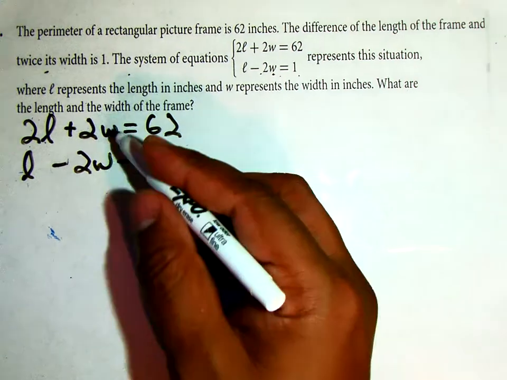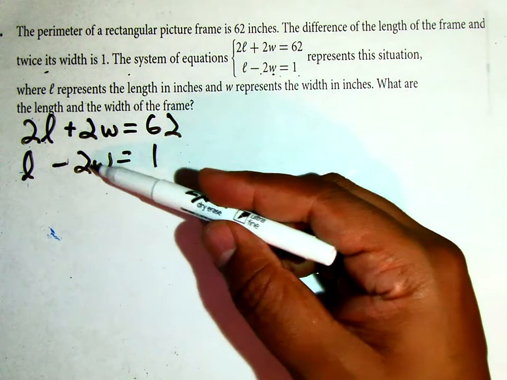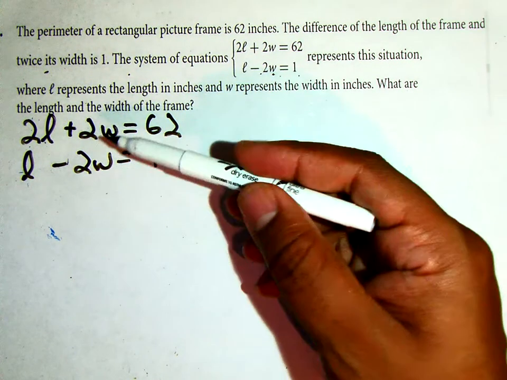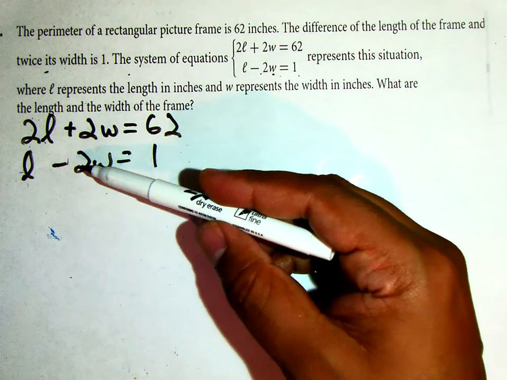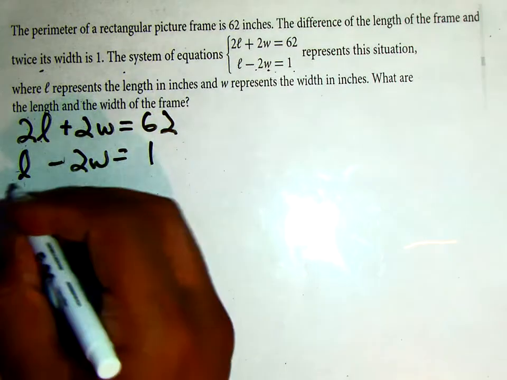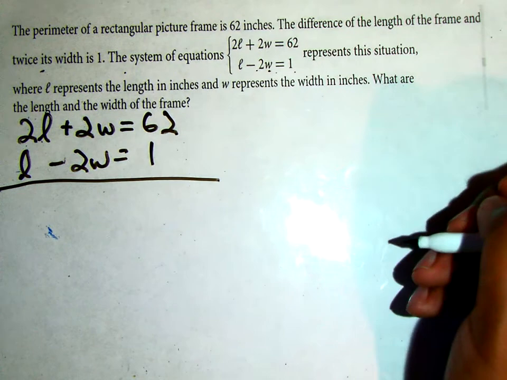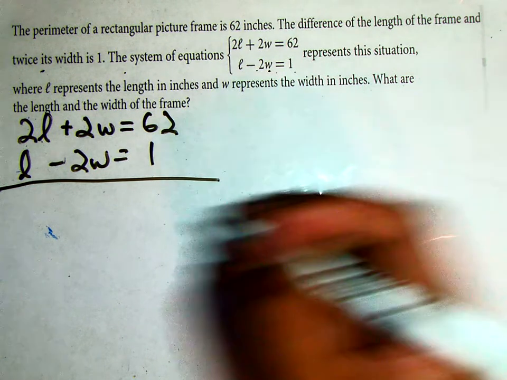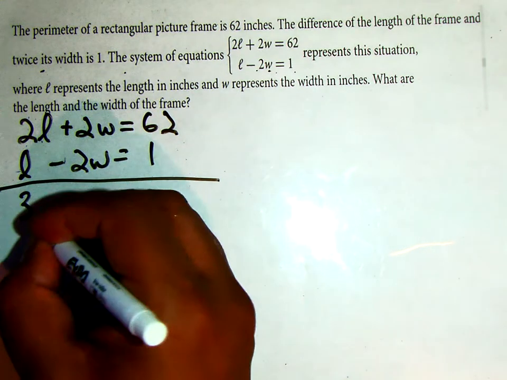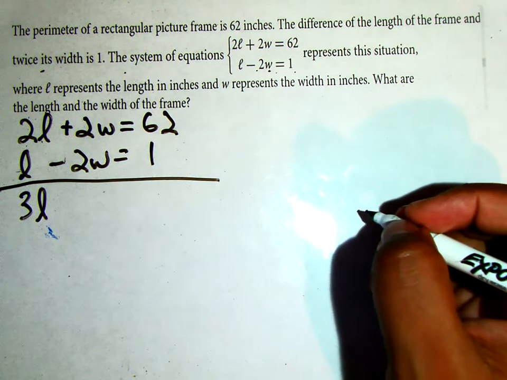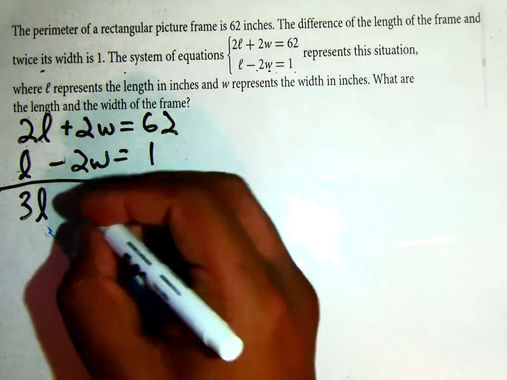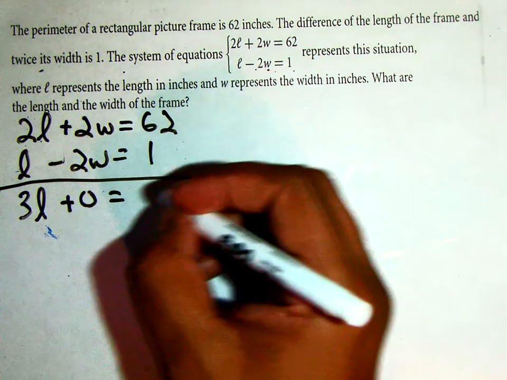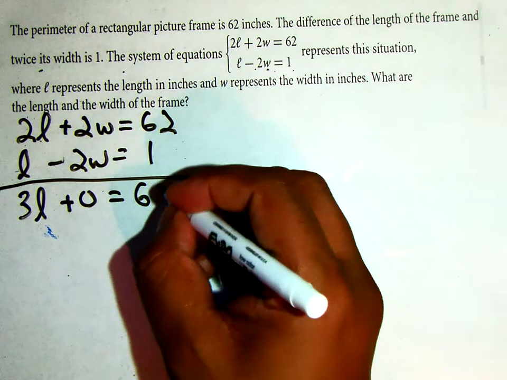And it works out well. We already have our width with the same coefficient, 2, and they're already opposites here. One's positive, one's negative. So now all we have to do is just add. That's going to get me 3L plus 0 is equal to 63.